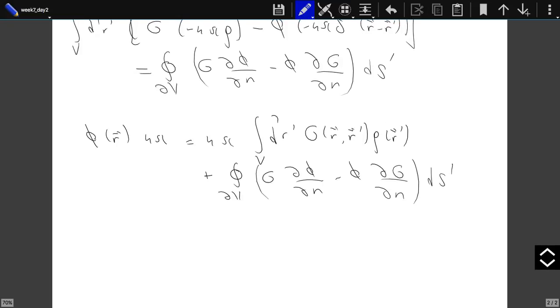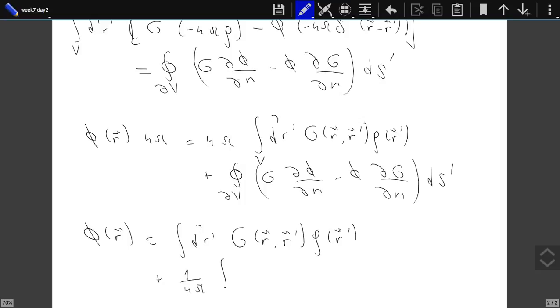Or if we divide by 4 pi everywhere, phi of r is equal to ∫d³r' G(r') rho(r') plus 1 over 4 pi times the boundary integral of G ∂phi/∂n minus phi ∂G/∂n.